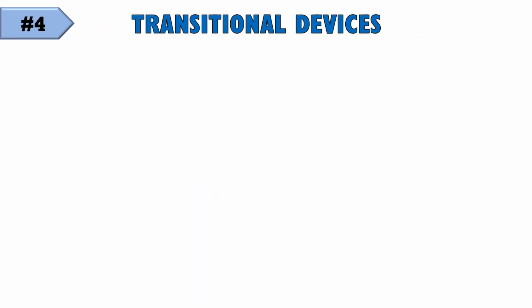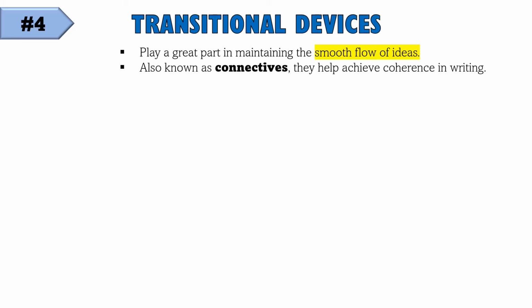The use of appropriate transitional devices plays a great part in maintaining the smooth flow of ideas in an argumentative text. Depending on the need to bridge one idea to the others, these words, also known as connectives, help achieve coherence in writing. Through these words, the danger of the essay sounding like a group of disjointed opinions can be avoided.